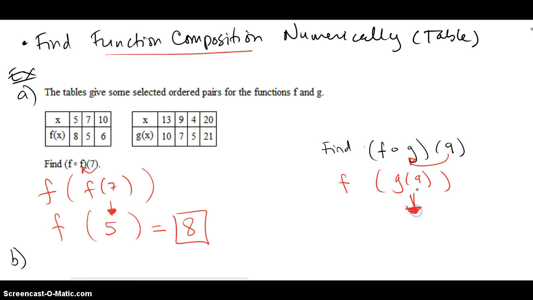So we have g of 9, I go to the g function, which is right here, and g of 9 spits out a y value of 7, an output of 7, and then f comes along and takes this 7. So now I go to the f function, and I go to the x value of 7, and it looks like it spits out a 5 for my final result.